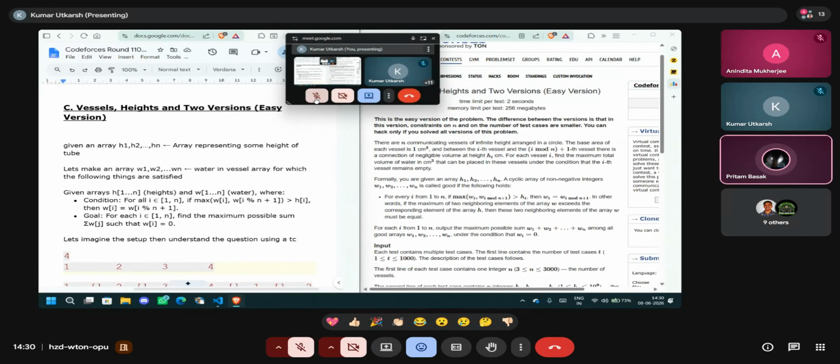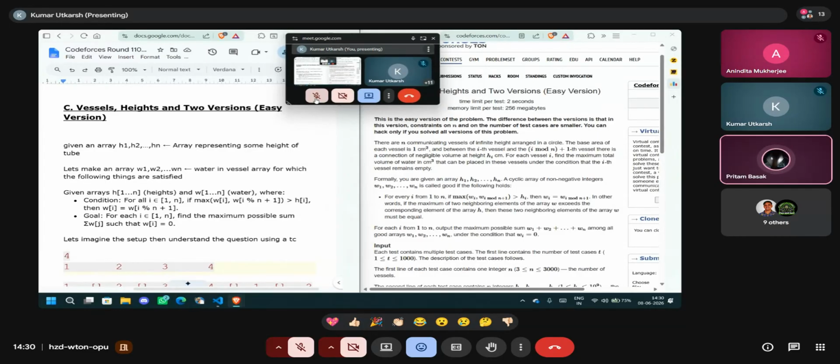The question asked was that for each of the vessels that were given, we have to answer that for every ith traversal, that ith vessel should be empty.